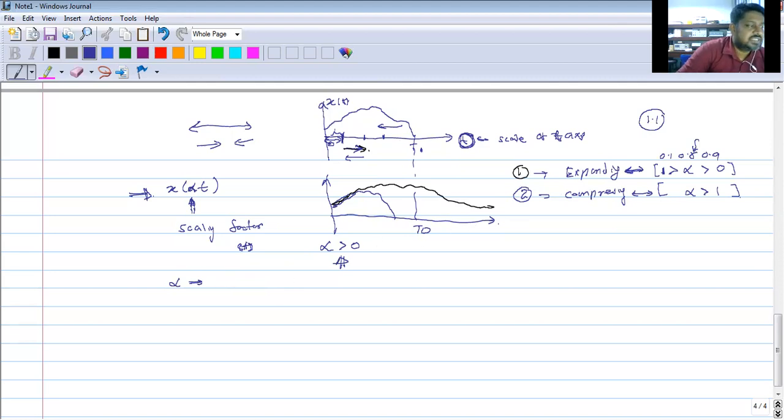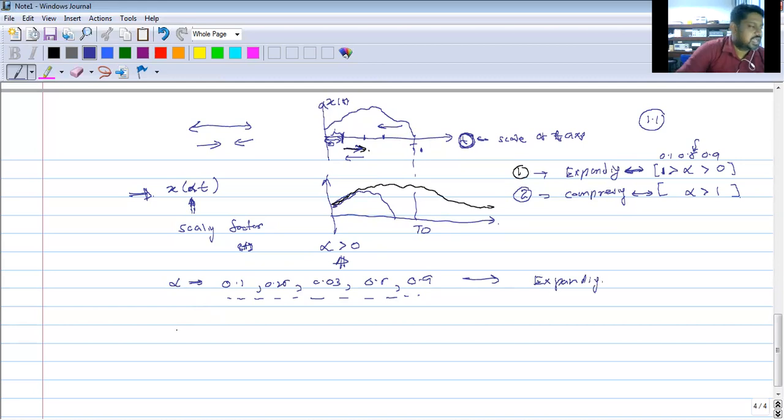If alpha is less than 1, that means 0.1, 0.25, 0.003, 0.5, 0.9, likewise, that is corresponding to expanding. The signal will be expanding.